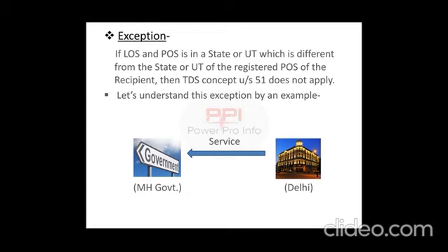But the registered place of the recipient is in Maharashtra, that is, the Maharashtra government is registered in the state of Maharashtra. So here no TDS would be deducted. That comes under the exception to this section. So I think you all understand this concept.